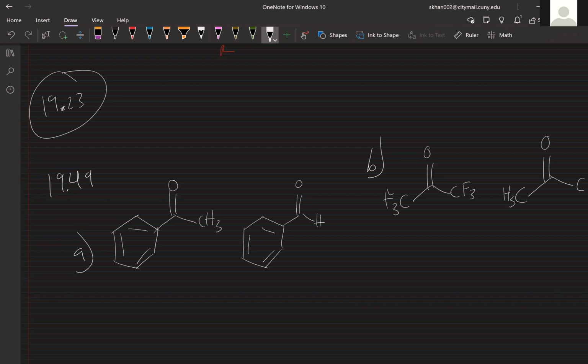So essentially what it's asking you really is which one is more electrophilic. So this is kind of a question you might see on your exam: rank the following in terms of electrophilicity, right?